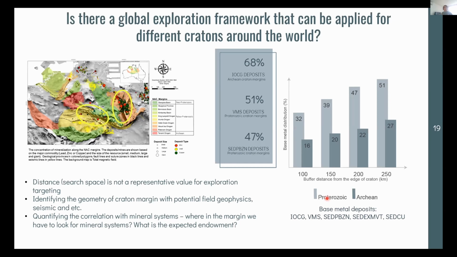When I played around with the distribution of mineral systems, when you work on a specific mineral system like OSDGs, VMS, or another type, you can see this correlation is not as high as has been mentioned in previous studies. Even so, maybe we ask, how can you compare this huge dataset, which is significant in Australia, with another craton, for example in Canada or China?